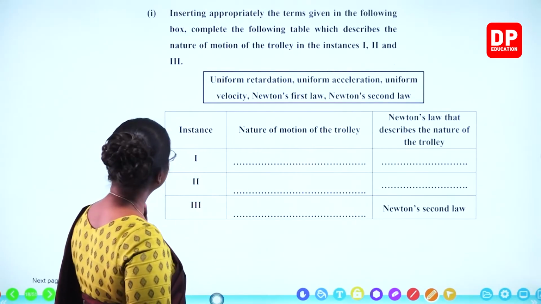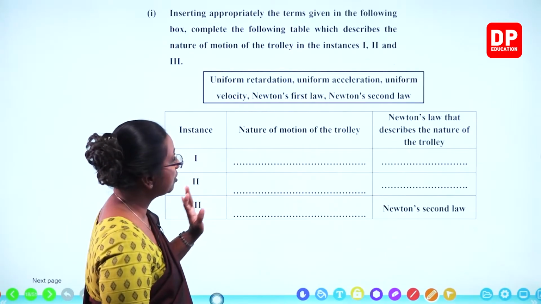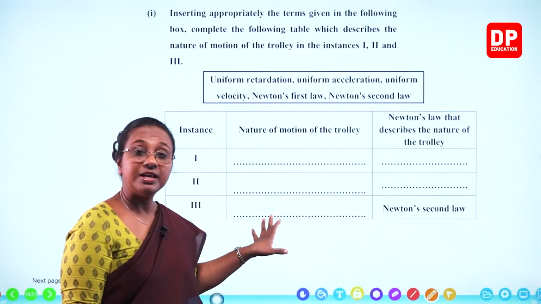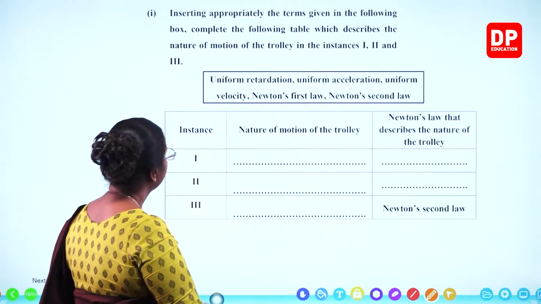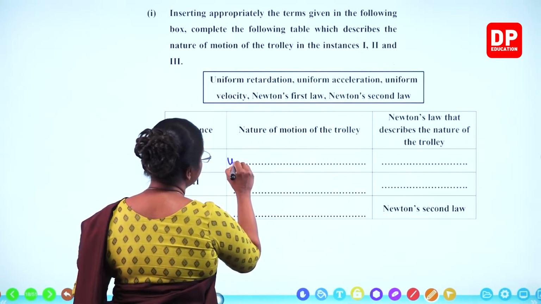So we have to fill in the table. Instance 1, 2, 3, nature of motion of the trolley and Newton's law that describes the nature of the trolley. Now we have already identified them. So first one, nature of motion of the trolley, uniform acceleration.